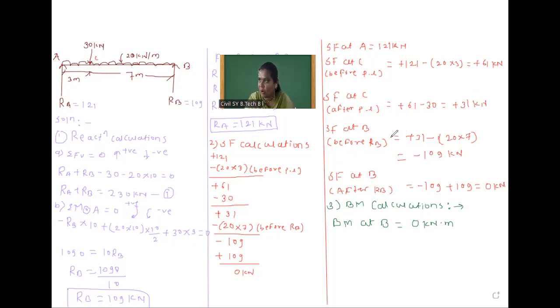So at this point, the maximum bending moment value we will get. So we will find the location of maximum bending moment.